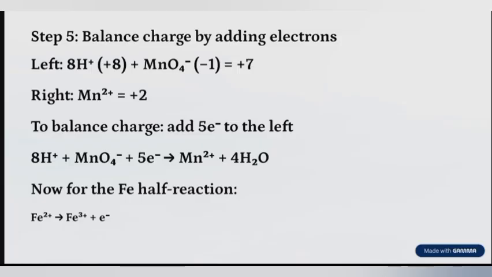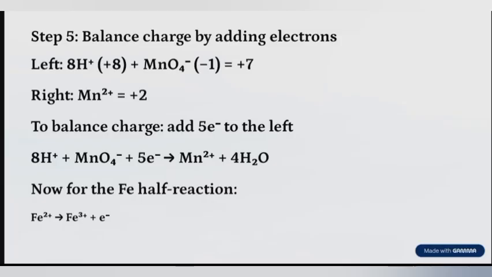So the idea, we've been able to get how to split into half cells. That's the first step. The next step after splitting half cells is balancing the elements. Once you balance the element, next is balance the oxygen. Then balance the hydrogen.